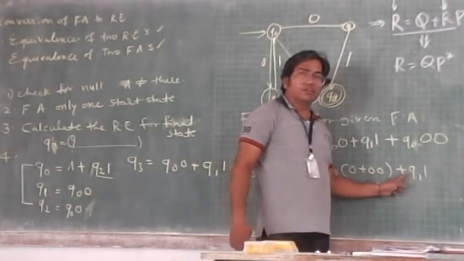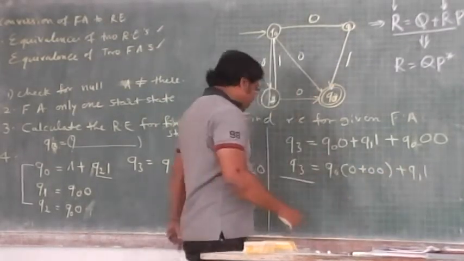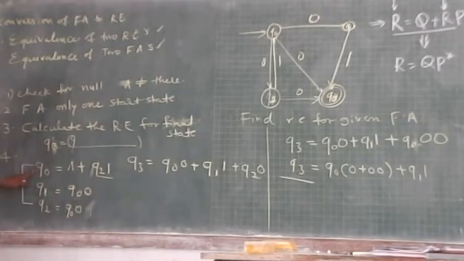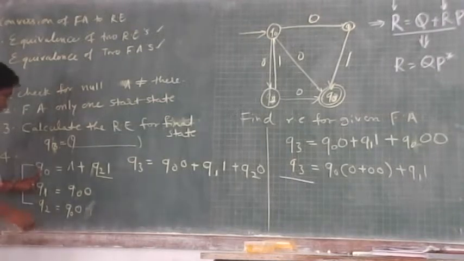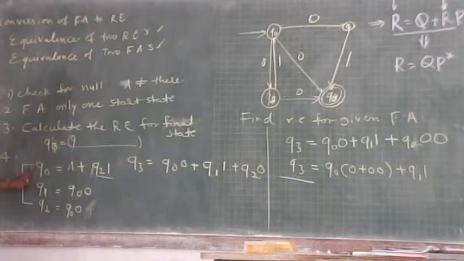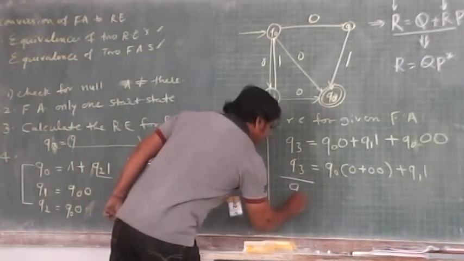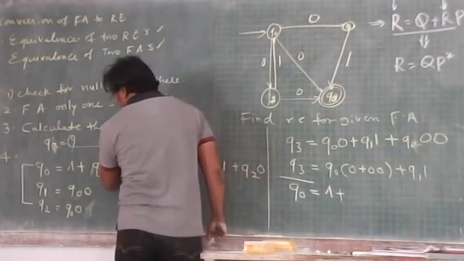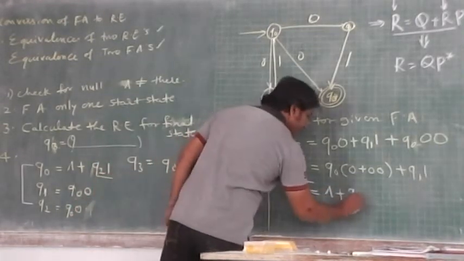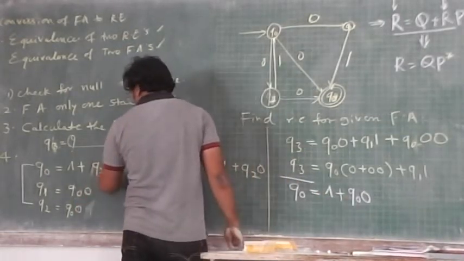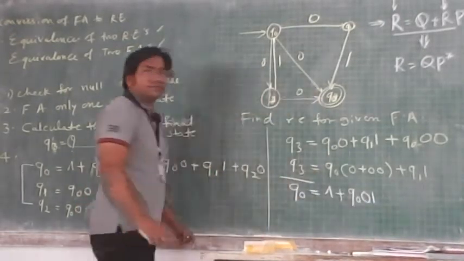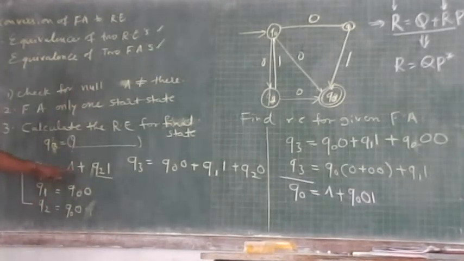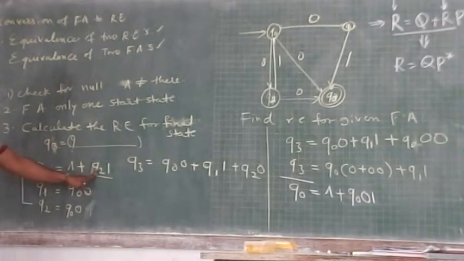Q0 and Q1 are here. So I need Q0 and Q1. How do I get them? I will use these two expressions to come up with Q0. So I am substituting the Q2 value here. Q0 is null plus, what is the value of Q2? Q2 is Q0 0. So 1 as it is. I just substituted the Q2 value here. Get it?